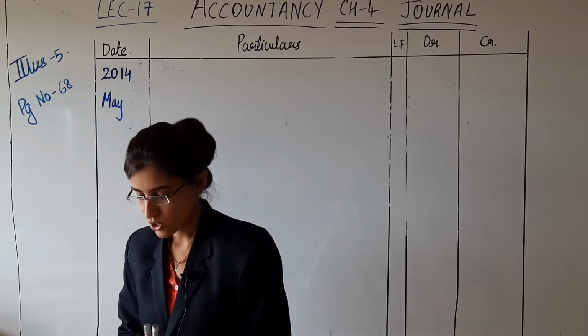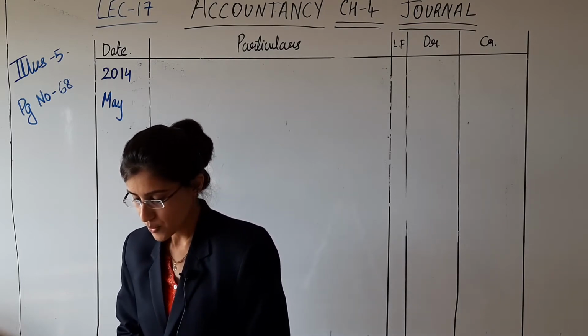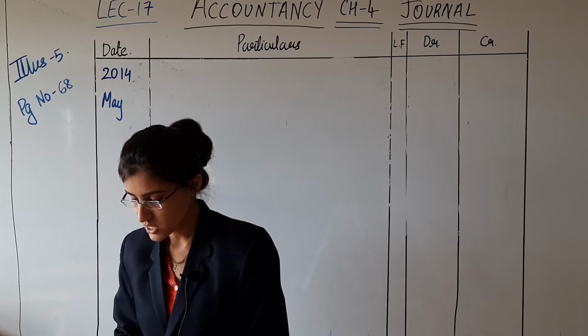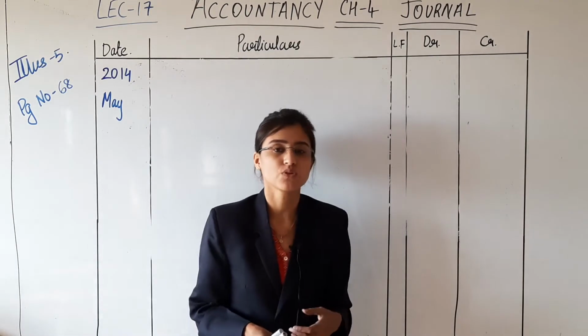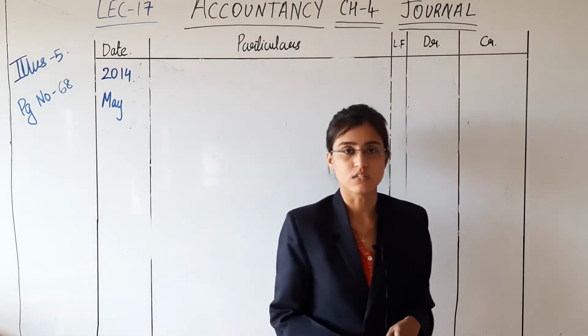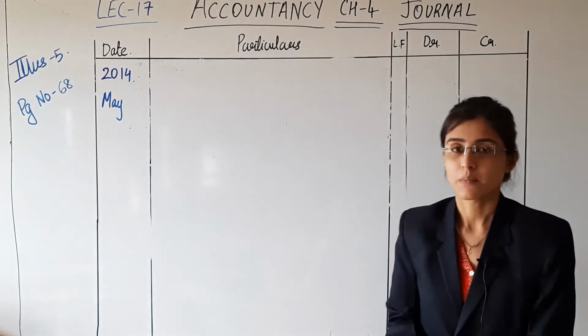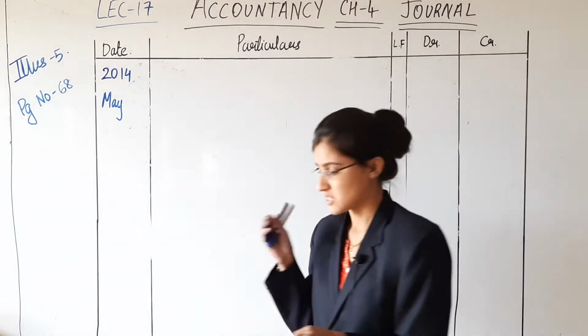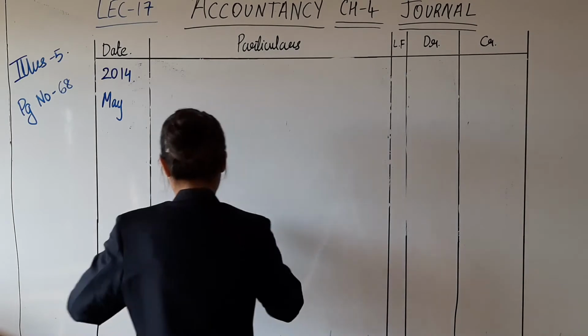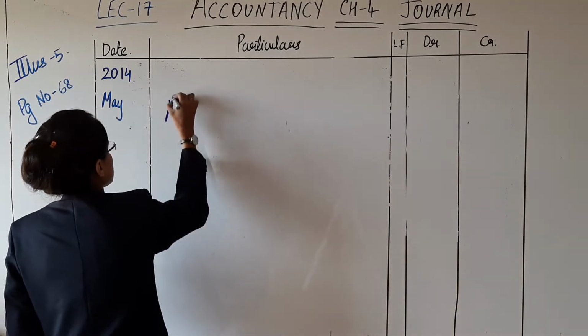Next, on 20th of May, goods of rupees 200 distributed as free sample for advertisement purpose. You have distributed goods for the purpose of advertisement. Free samples you have given. Yes, this is an advertisement expense. So first of all, it is an expense.